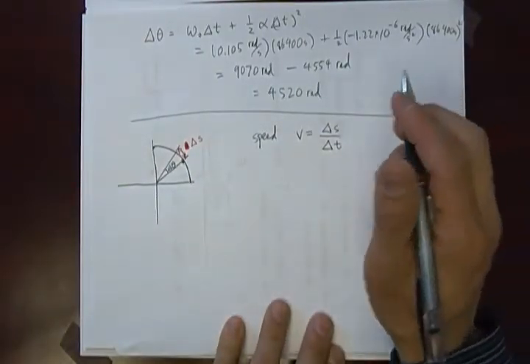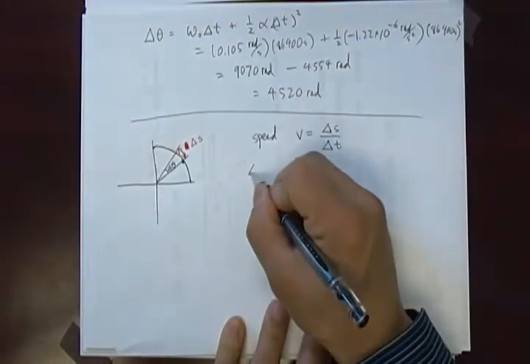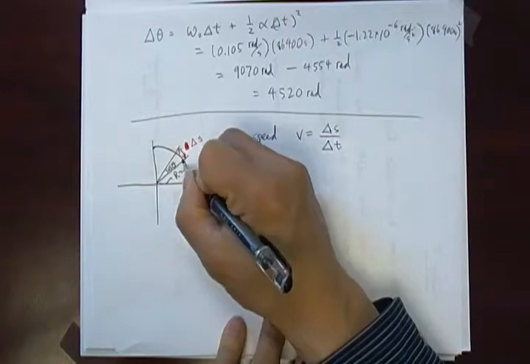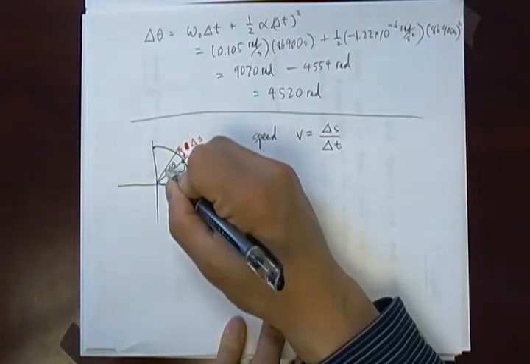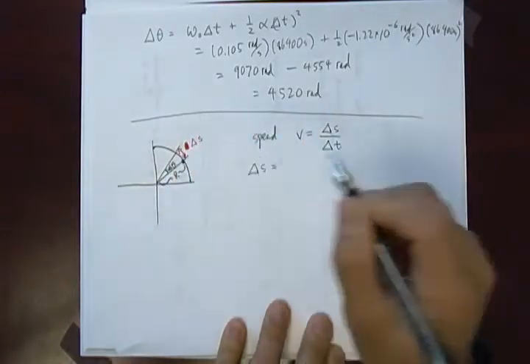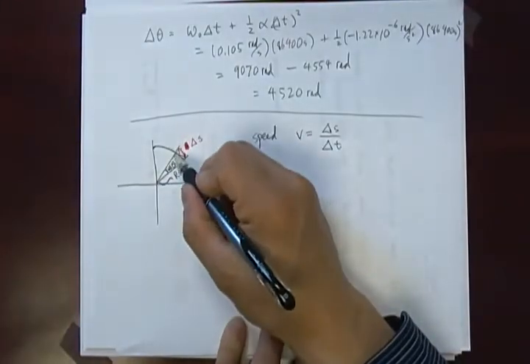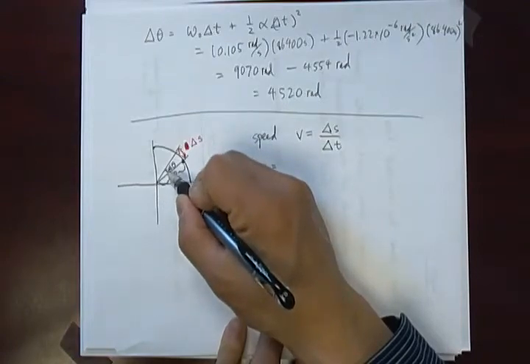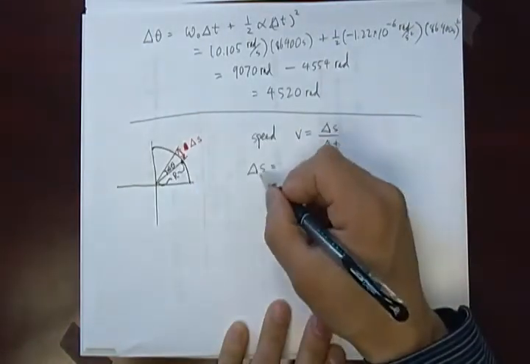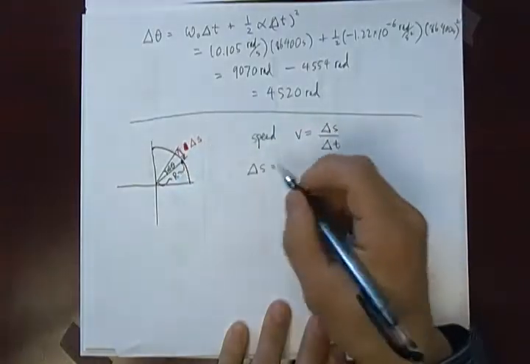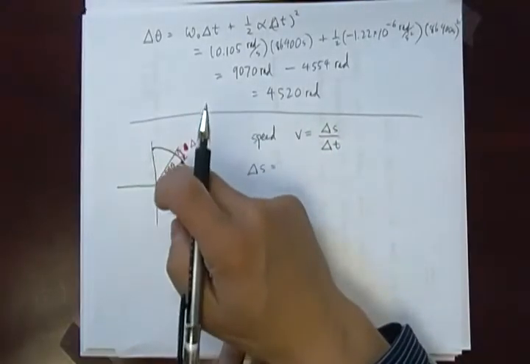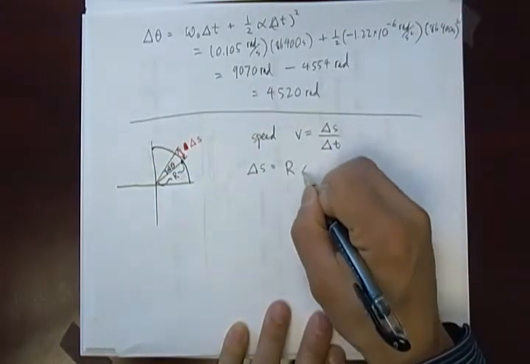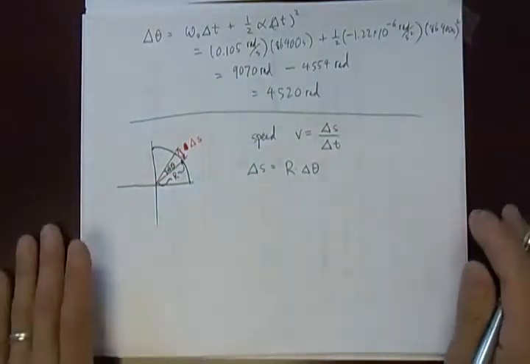Now we also know that this arc length delta s is equal to the radius of the circle times this angle. This is what's called the sector of the circle, and this is the angle for that sector, and this is the arc length for that sector. So delta S is equal to the angle measured in radians times r. I'll write that as r times delta theta, where theta is in radians.